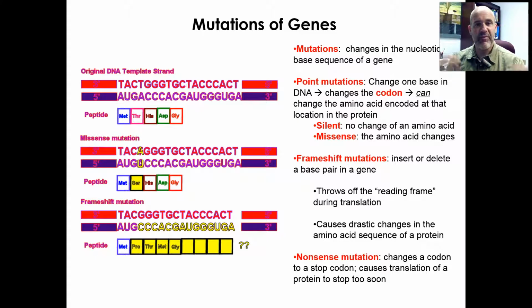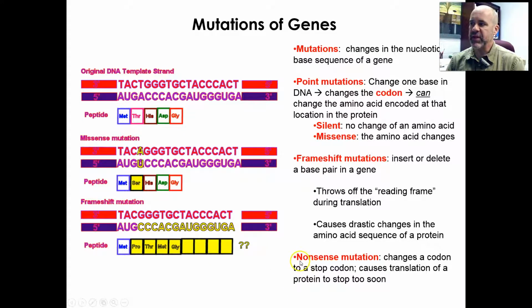Sometimes it might have beneficial effects. It might change the protein so that now it can do a job it wasn't capable of doing before. So sometimes mutations can actually be beneficial to an organism. So in a lot of cases, you really don't know how a mutation will impact an organism until it's actually tested to see what the impacts were.